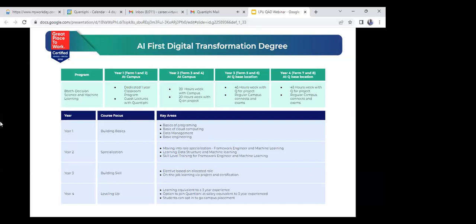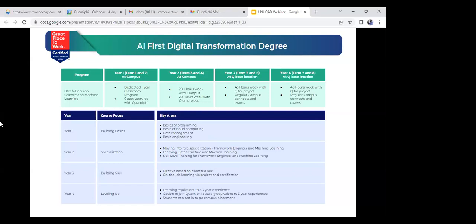You might have seen 6-month internships or 1-year internships, but this is a 2-year stretch internship where you get an opportunity to work hands-on with the real-time architects in the organization. Year 1 is dedicated to your basics. Year 2 is your specialization in programming, data analytics, and machine learning.